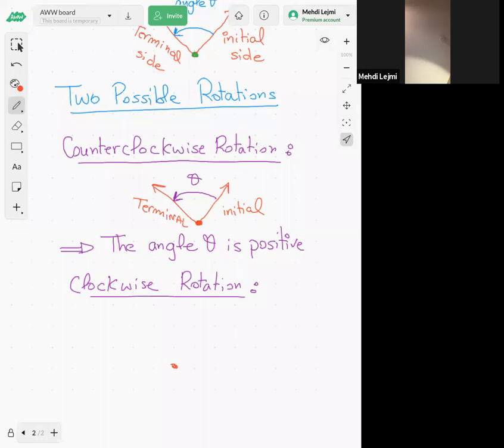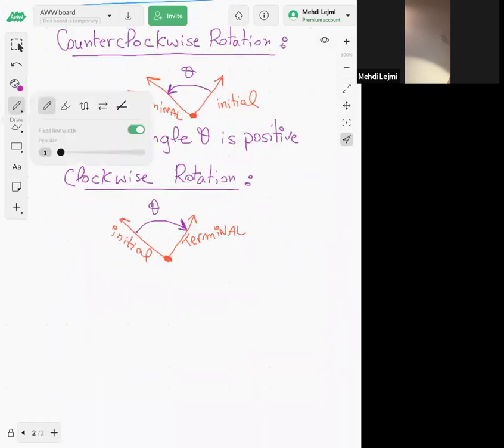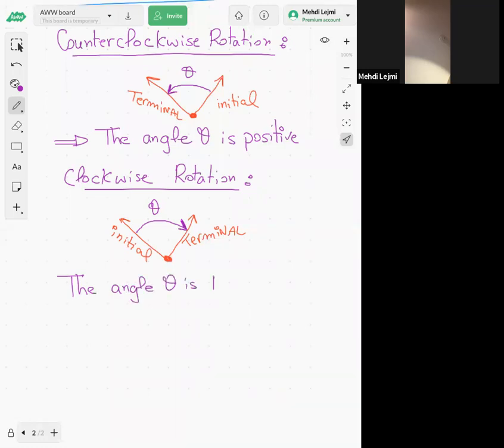So now this is your initial side, and this one is the terminal one. You go from the initial to the terminal, there'll be your angle theta, and in this case, you have a clockwise rotation, and so your angle theta is negative.